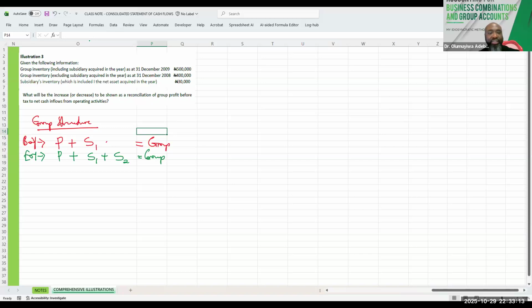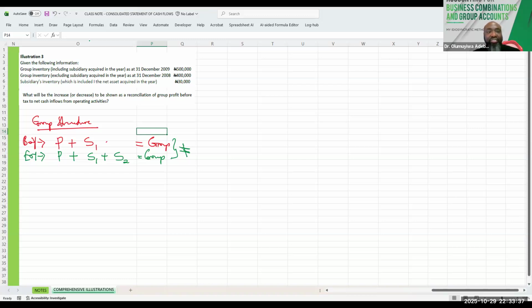The question then is, are they comparable? The answer is no. Both are not comparable. We are not comparing apple with apple. Maybe you are comparing apple with oranges, or red apple with green apple.